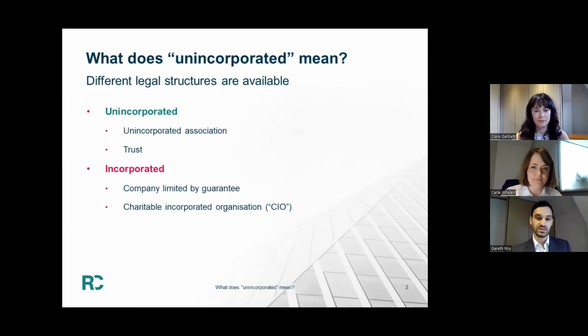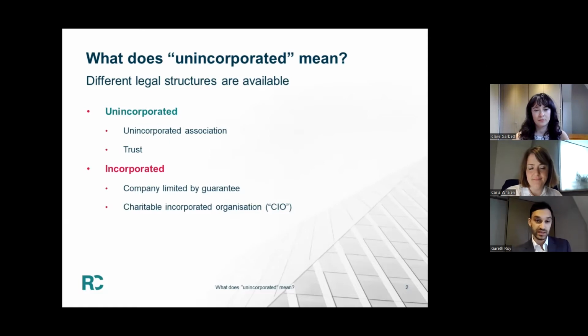So why do some charities go through this process? What is the main reason why they might look at doing that? The answer is to try and minimize the risk of personal liability to trustees and others involved in the charity. And this is because if you have an unincorporated legal form, it has no separate legal personality from the individuals involved in the running of the charity.